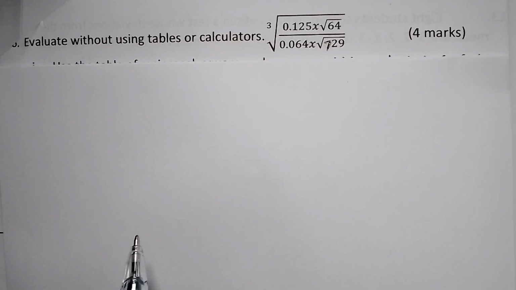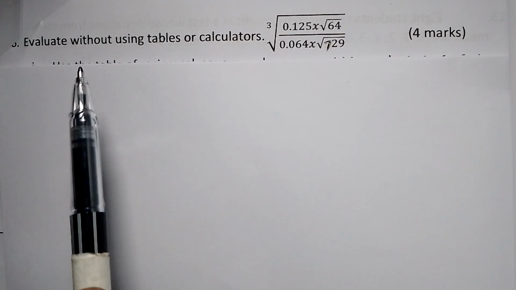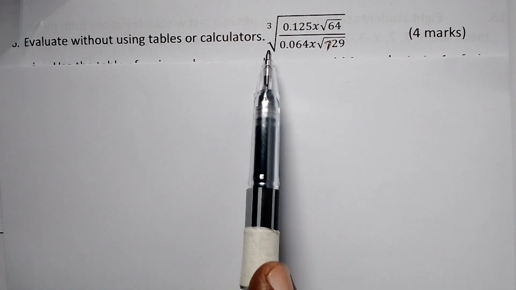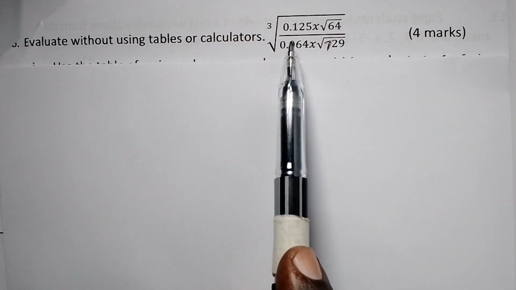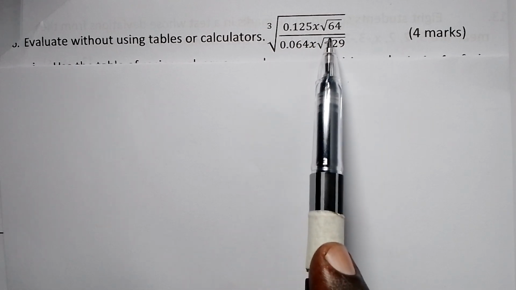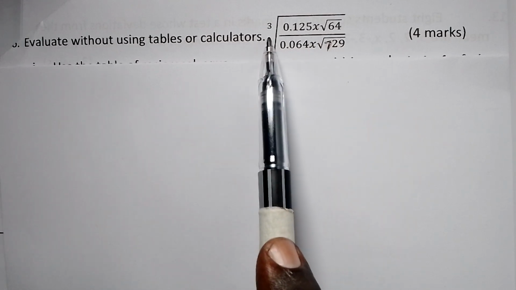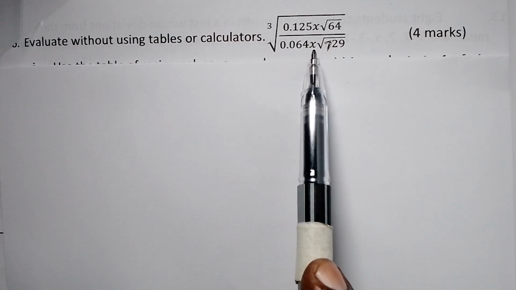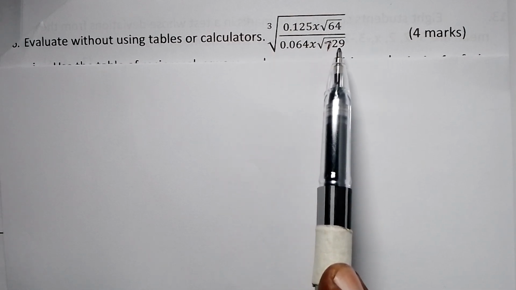In question number 6, you're told to evaluate without using tables or calculators the cube root of 0.125 multiplied by the square root of 64, all that divided by 0.064 multiplied by 729.